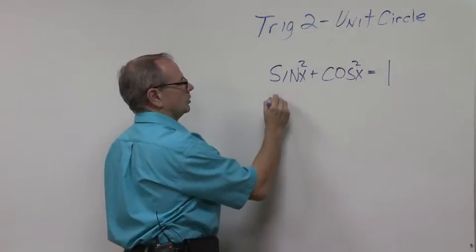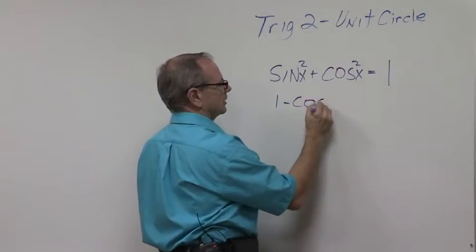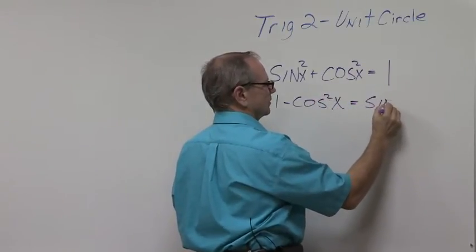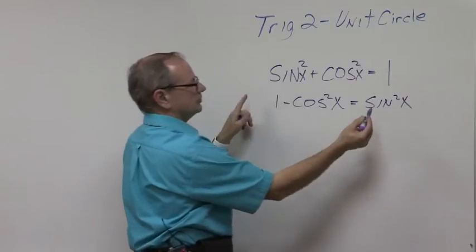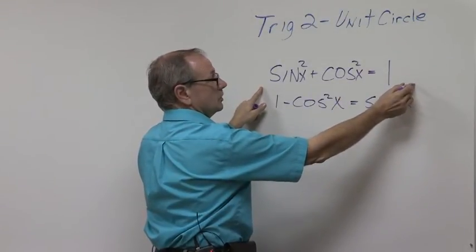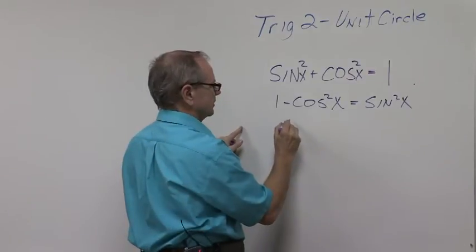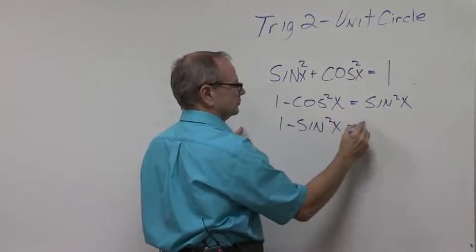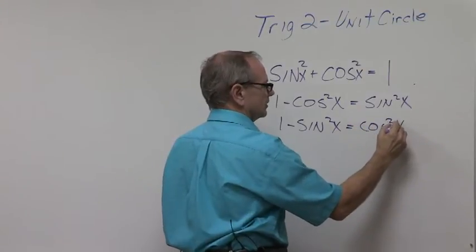Sometimes it'll be 1 minus cosine squared x equals sine squared x. All we've done is subtract the cosine squared over to this side. We can do the same thing by saying that 1 minus sine squared x equals cosine squared x.